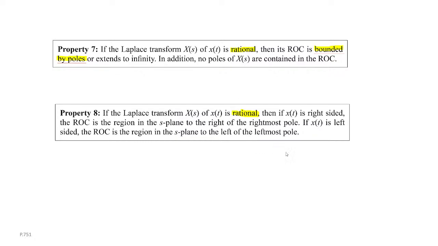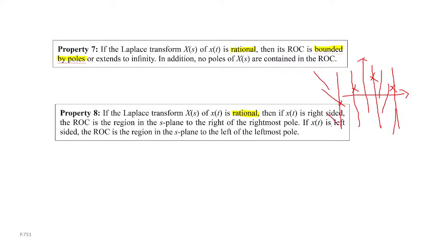So maybe let me sketch a little bit. So your complex plane and your rational function has a whole bunch of poles, and you can draw a straight line over them. And then your ROC is going to be one of the strips separated by those poles. So your ROC is maybe here or maybe here, etc.